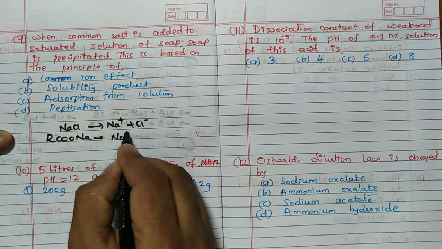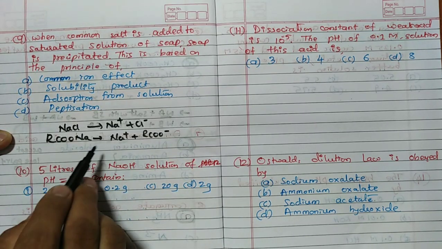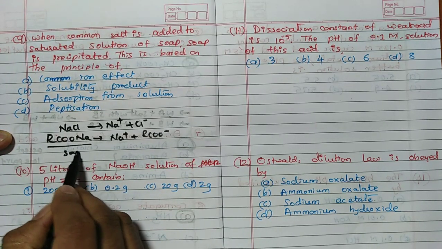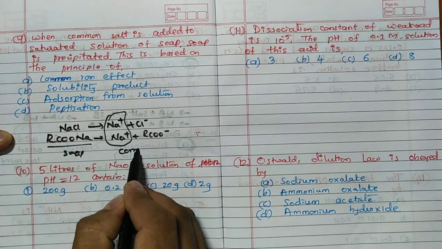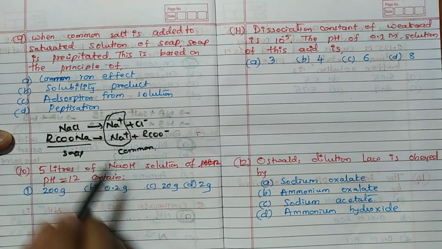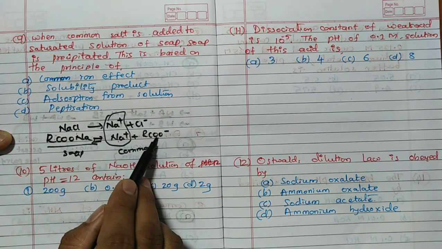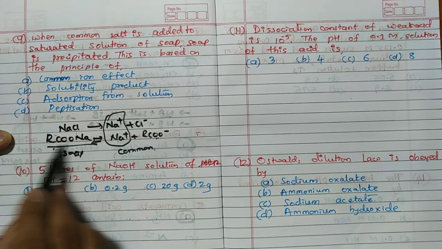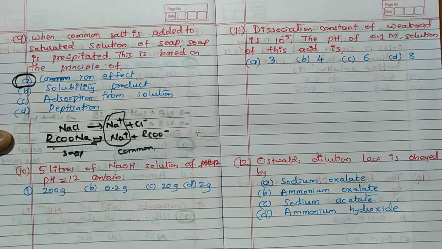This I will write as Na+ plus RCOO-. Now remember, this gets precipitated. Soap gets precipitated because of this common ion effect. So this reaction becomes reversible and this Na+ will react with RCOO- to form RCOONa. Hence the answer for this particular question is A, common ion effect.